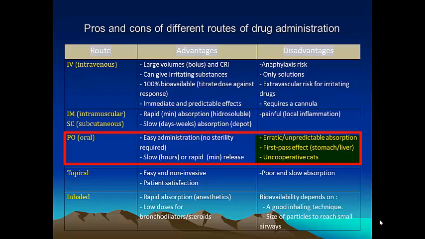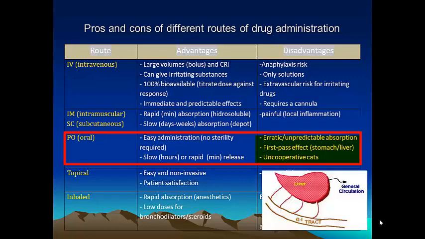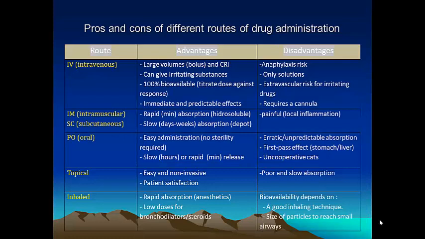And there is also what we call the first pass effect by the intestines and the liver, which may degrade the drug before it reaches the systemic circulation. So as you probably all know, with some cats the oral route is not easy, and it can be just a nightmare sometimes.